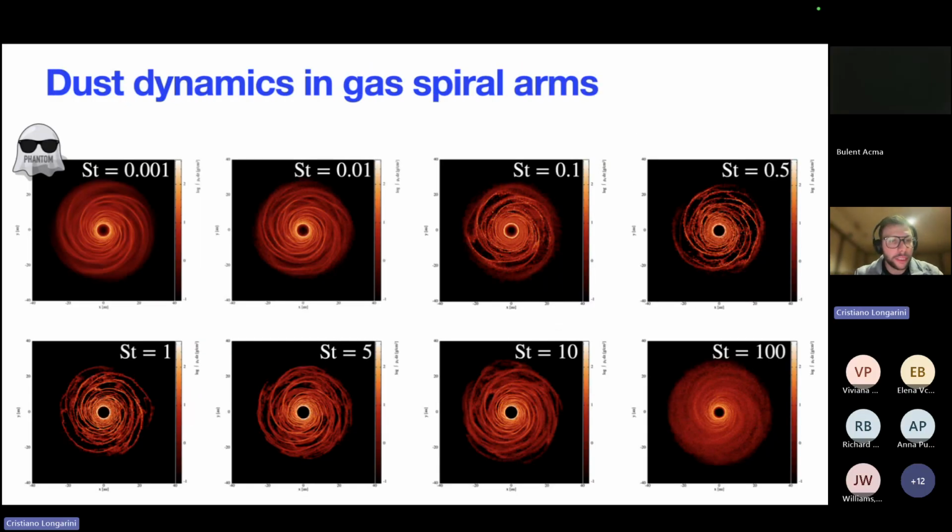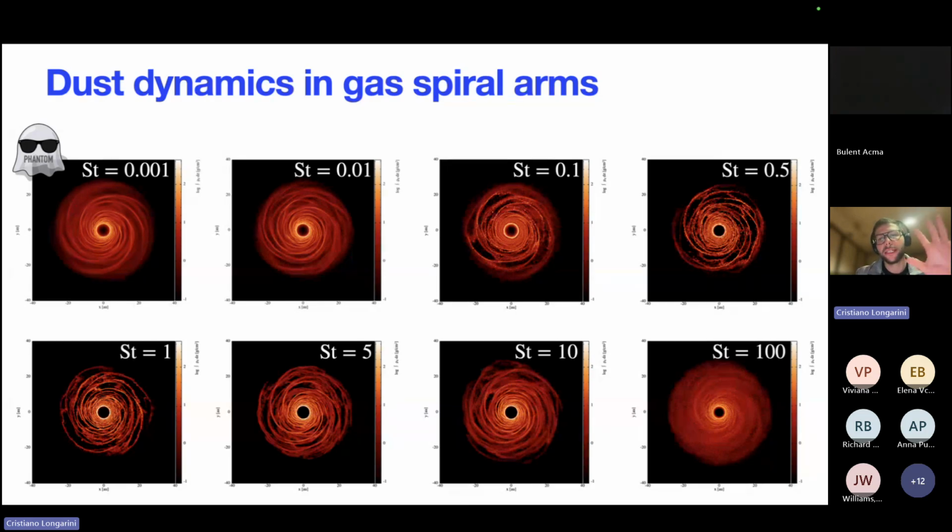And so what I'm doing now is to use 3D hydrodynamical simulations to study this problem. In particular, what I'm doing now is just a numerical experiment. I don't really want to reproduce an actual system.